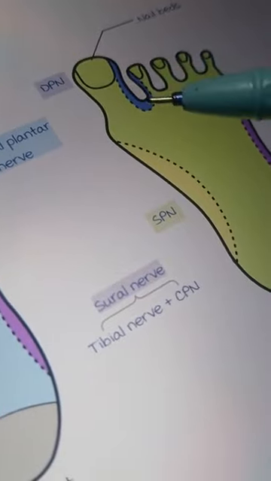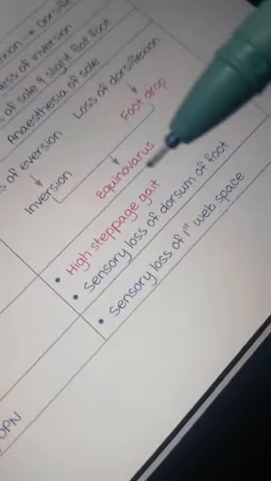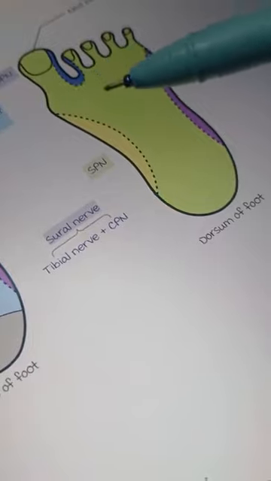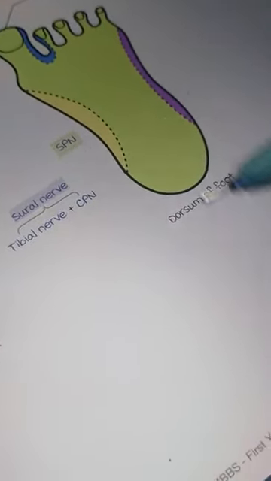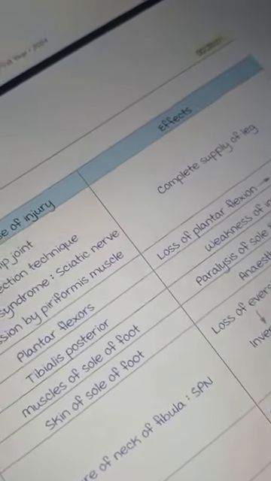So if it is damaged, only sensory loss of the first web space, but over here high steppage gait will occur because of the sensory loss of the first web space, at the same time the superficial peroneal nerve entire, so high steppage gait will occur. Flat foot will occur most prominently in the paralysis of the muscles of the sole of foot in case of tibial nerve damage.